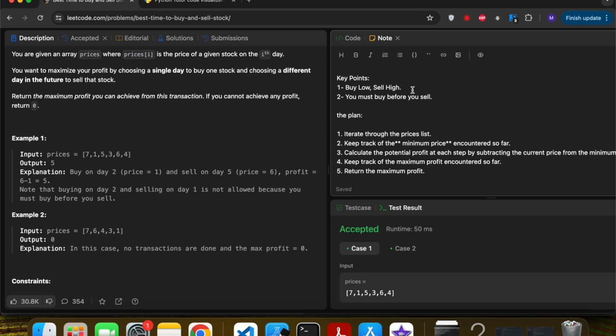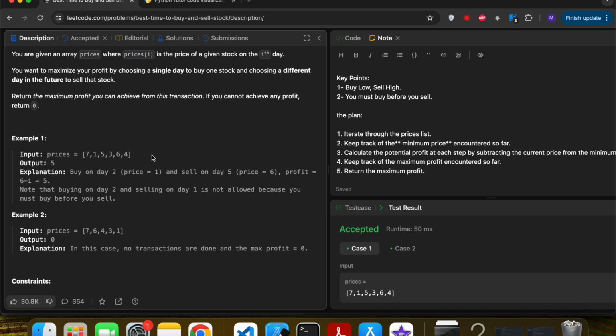If we iterate over this array and keep track of the minimum price, and based on it calculate the maximum profit, we will solve this problem.